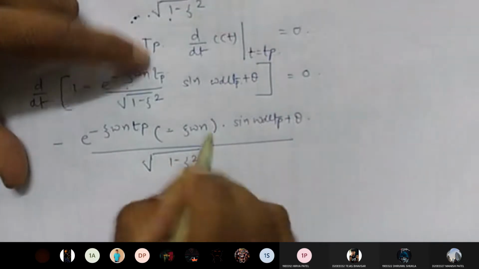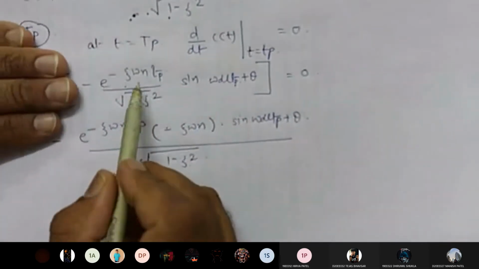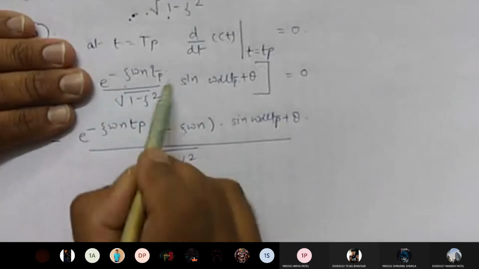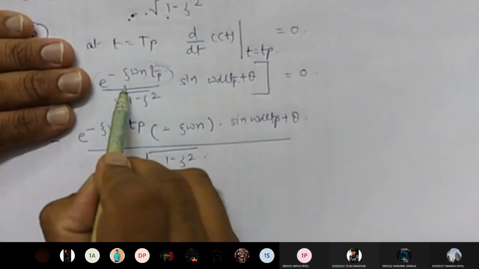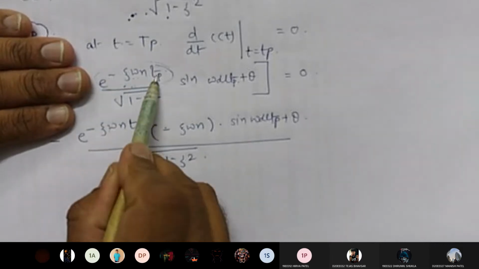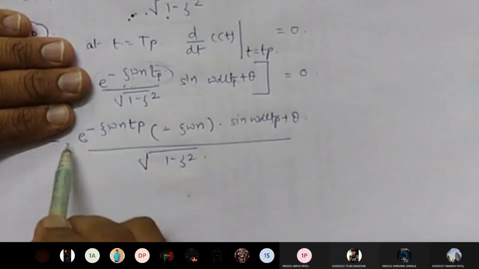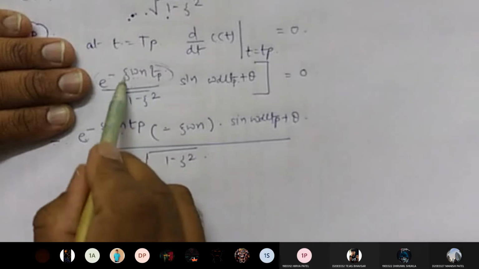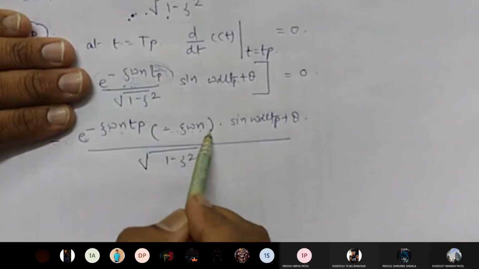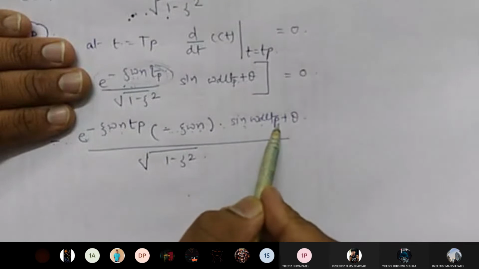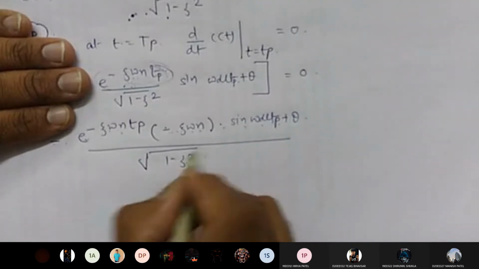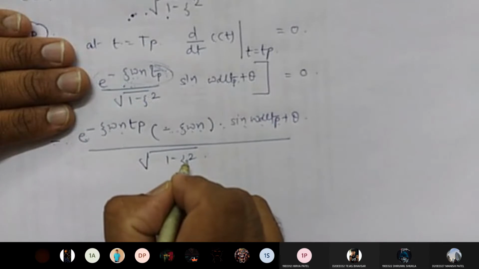Divided by under root 1 minus zeta square. Which term do we differentiate first? The 1 becomes 0. Now we differentiate this term: the differentiation of e raised to something will be minus e raised to something, and the exponent's derivative is minus zeta omega n, with the e raised to term as it is, divided by under root 1 minus zeta square.